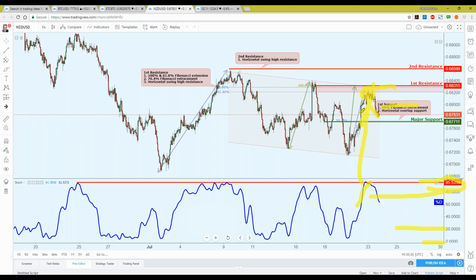It bounced off. So we have, it was above the 50%, and it bounced off the 100% of the Fibonacci level. Okay. And it overlapped a resistance level. So we have 3 major decision making points, and we could have entered that asset in a short position at this point.